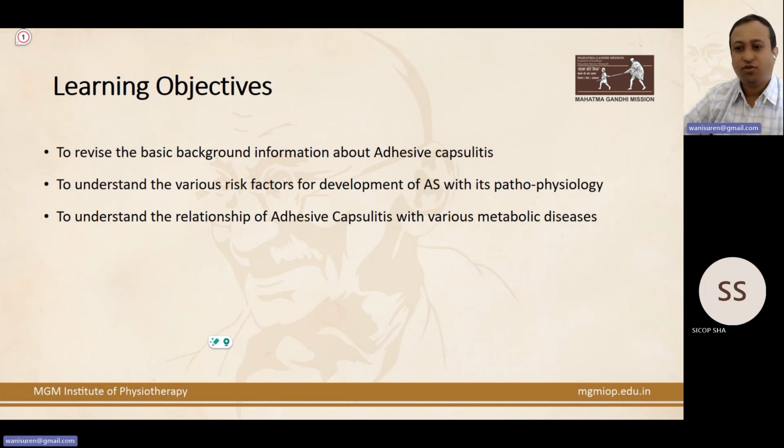The learning objectives for this lecture are to revise the basic background information about adhesive capsulitis, to understand the various risk factors for the development of adhesive capsulitis along with its pathophysiology, and to understand the relationship between adhesive capsulitis and the various metabolic diseases.